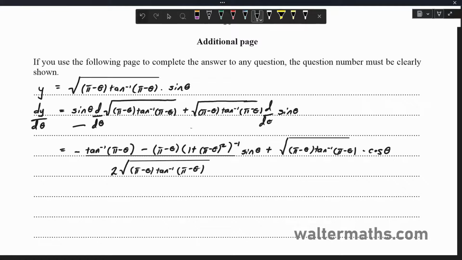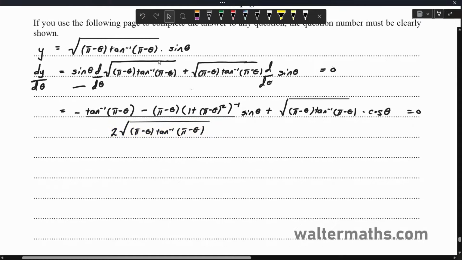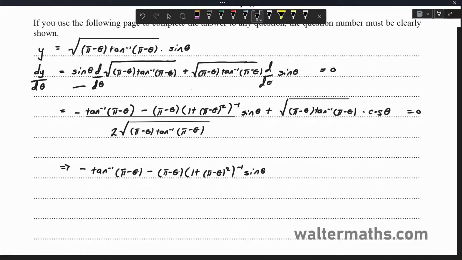Now, this derivative has to be equal to 0. So we're going to equate everything to 0. Now, I'm going to multiply all the terms, both sides, by this denominator. And if we do, we will be having minus of arctan of pi minus theta minus pi minus theta of 1 plus pi minus theta squared to the minus 1 of sine theta, and that's going to be plus.